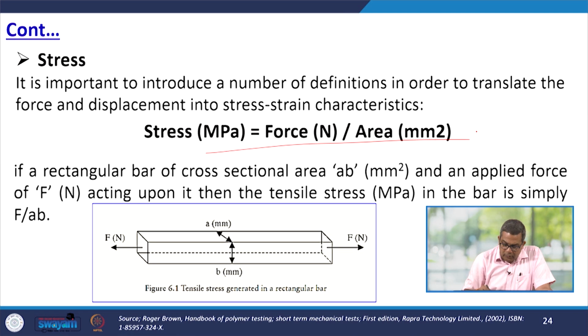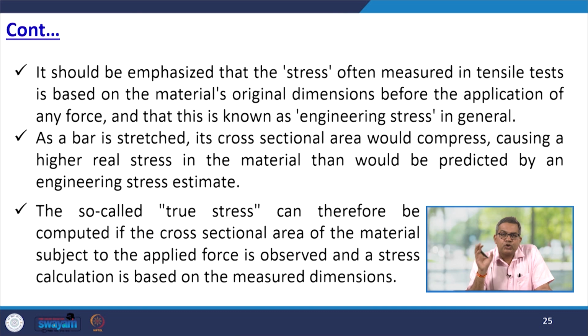Now, if a rectangular bar like this of cross sectional area AB in square millimeter has an applied force, say F, acting upon it, then the tensile stress in the bar is simply F over AB. It should be emphasized that the stress often measured in tensile tests is based on the material's original dimensions before the application of any force, and that is known as the engineering stress in general.